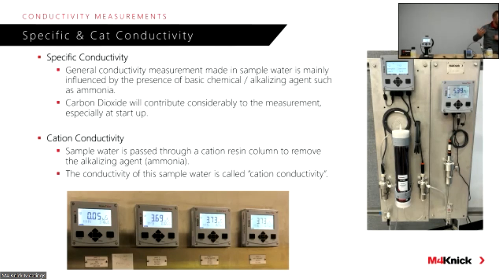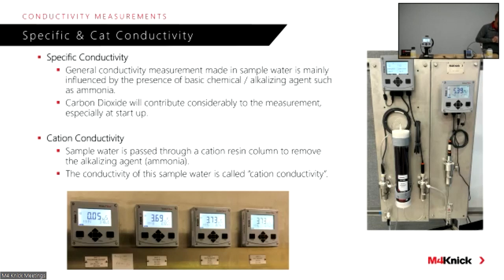And then after that cation resin column, we'd utilize another conductivity sensor. Again, the SE625 lends really well to this application for making a CAT conductivity measurement. And really what we're doing is we're removing the alkalizing agents. Most commonly, that's ammonia that's used, that increases the conductivity value, and we're stripping that out via the resin column here.